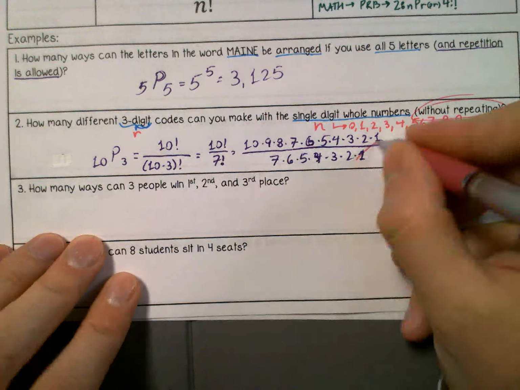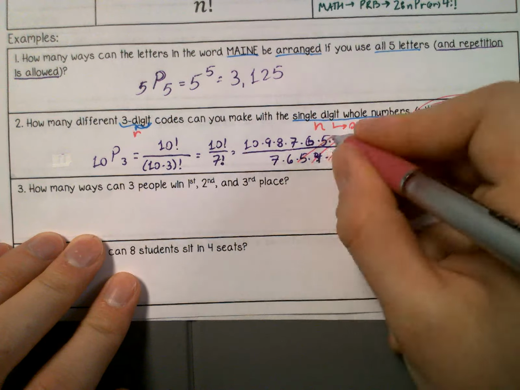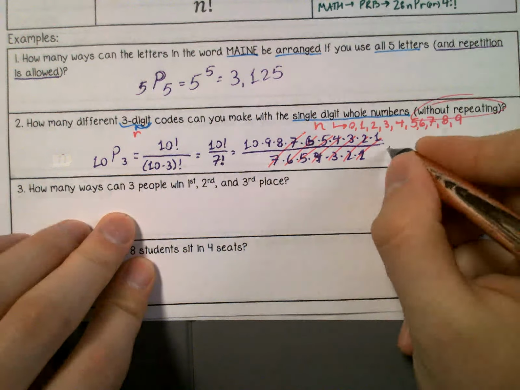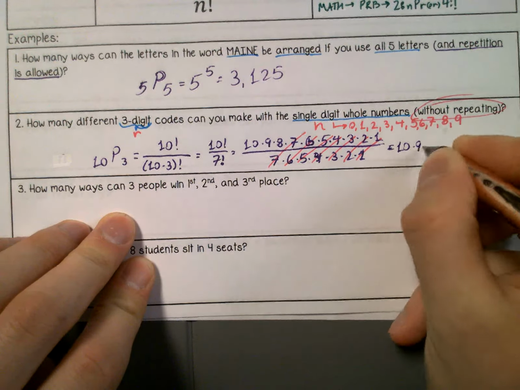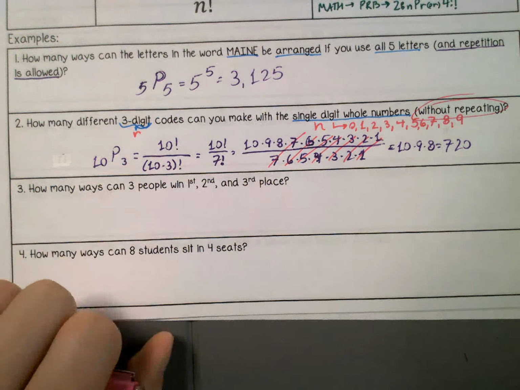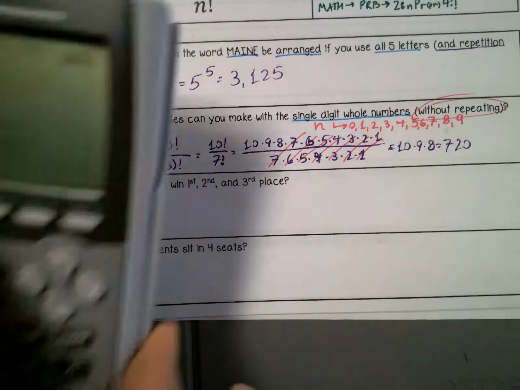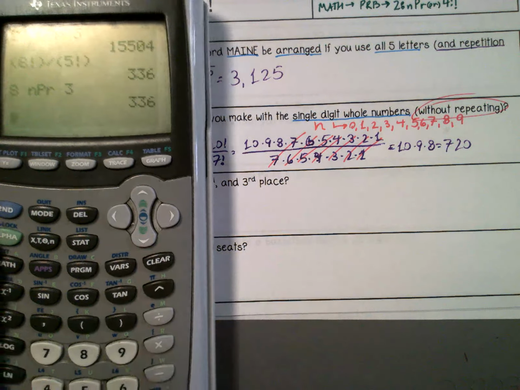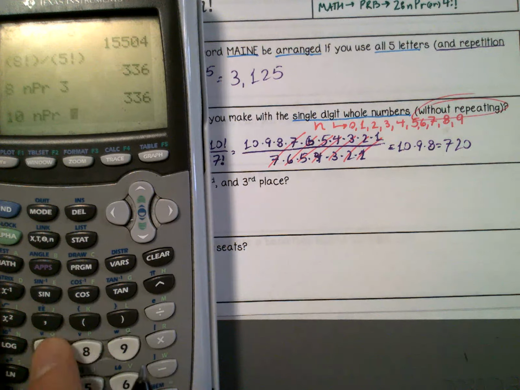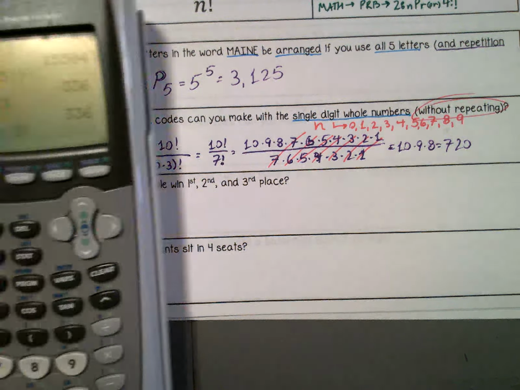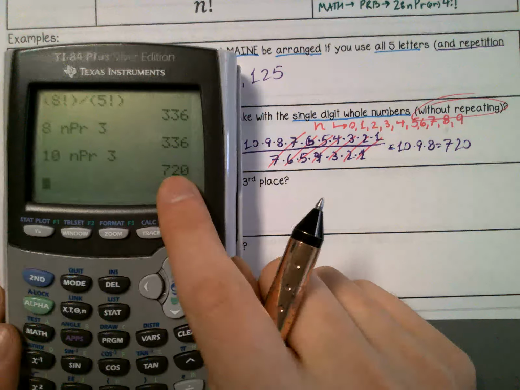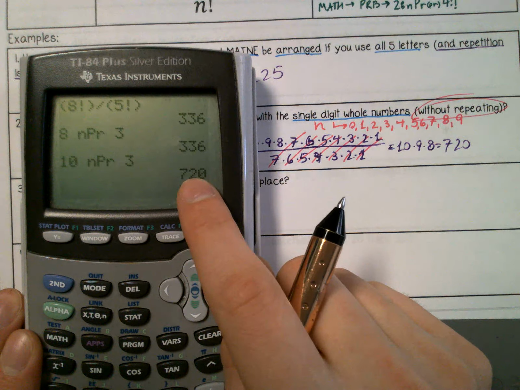Cross out the terms in common, and you're left with 10 times 9 times 8, which equals 720. Now, if you wanted to plug that in the calculator, you could. So we could do 10 math prob permutated over 3, because 3-digit code. Enter, and there it is, 720.